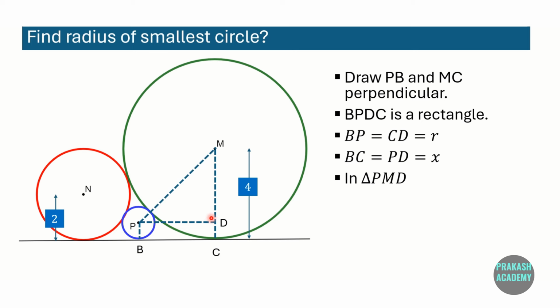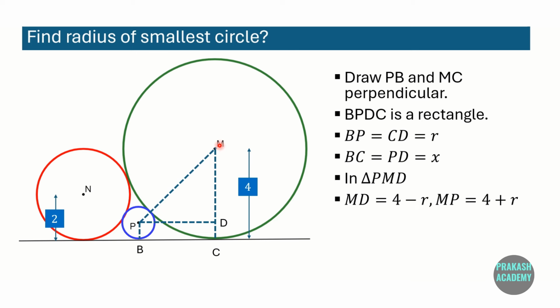So I can use the Pythagoras theorem. To apply the Pythagoras theorem, I need this distance and this distance and this distance. So let us calculate MD. This total distance is 4 and this distance is r. So this distance is 4 minus r. So MD is equal to 4 minus r.